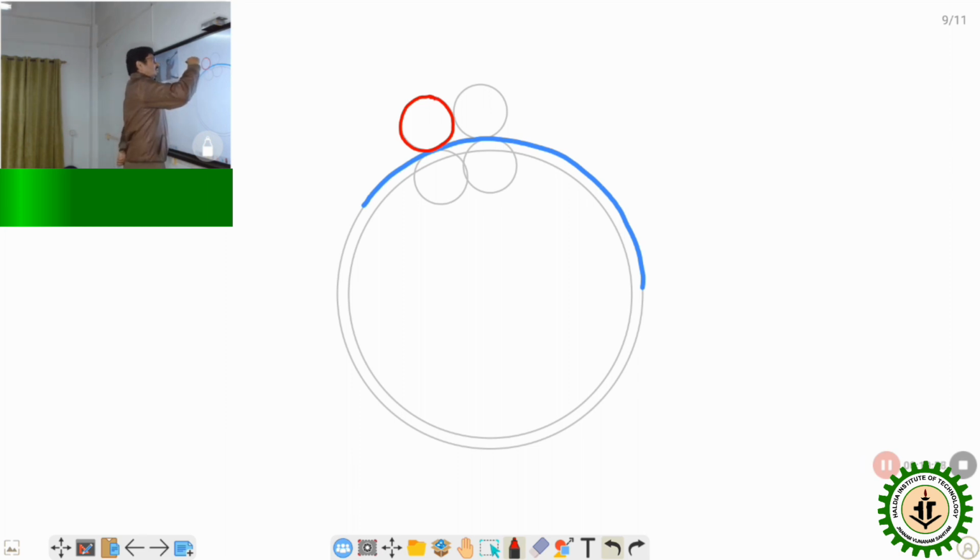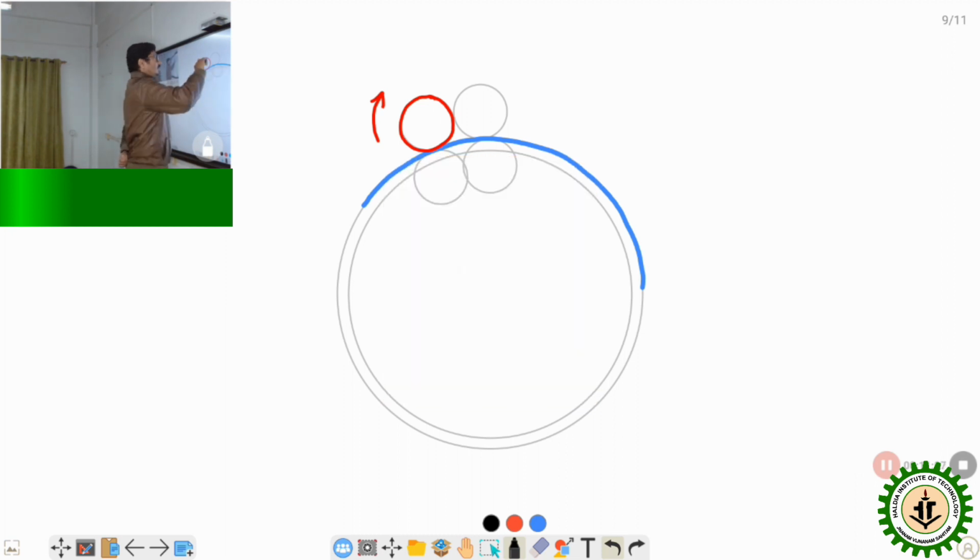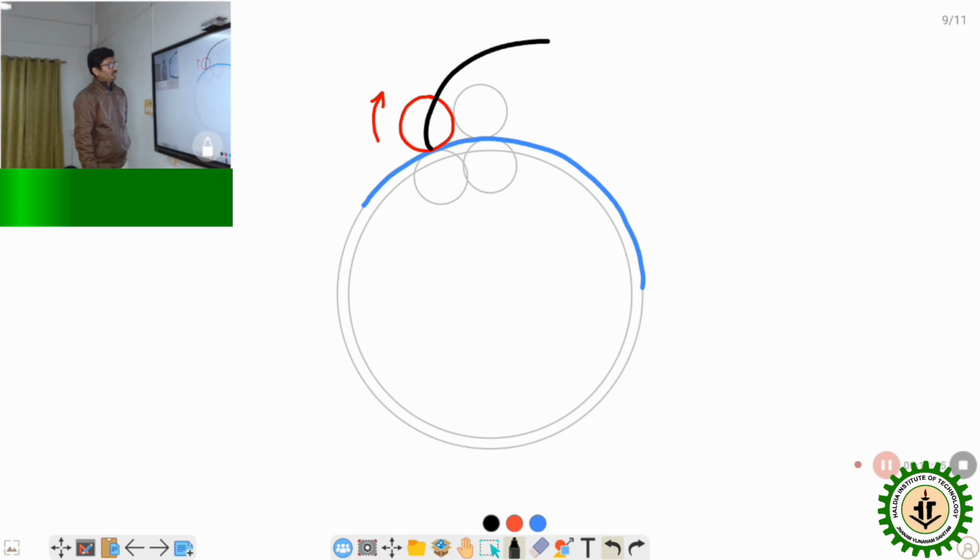Now I am rotating this circle in the clockwise direction. So what will it generate? It will generate a curve like that, just like we have seen, an epicycloid.